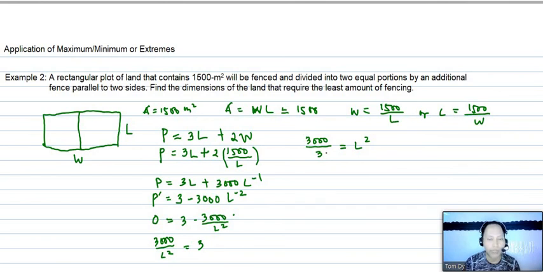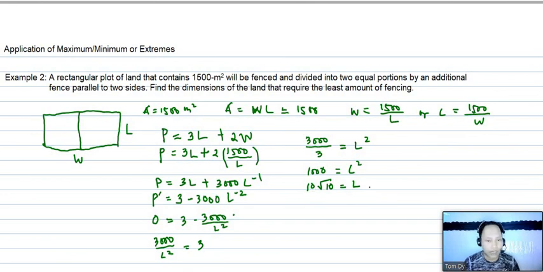This will be your denominator for 3,000. So that when we answer this one, that is 3,000 divided by 3, that is 1,000, which is equivalent to L squared. And then the square root of 1,000, that is equivalent to 10 square root of 10. So you can make use of your calculator to find the square root of 1,000. So I'm writing here 10 square root of 10 as the square root of 1,000.